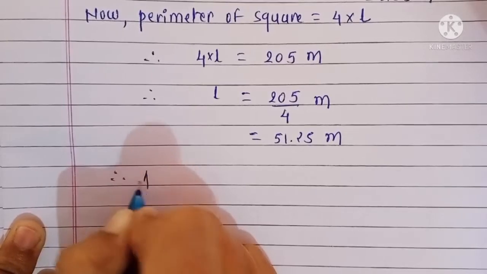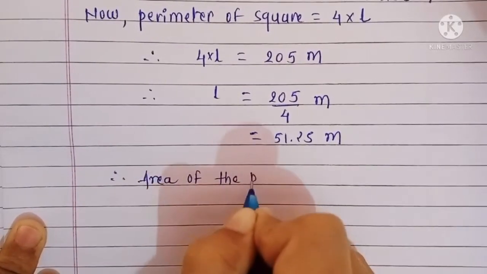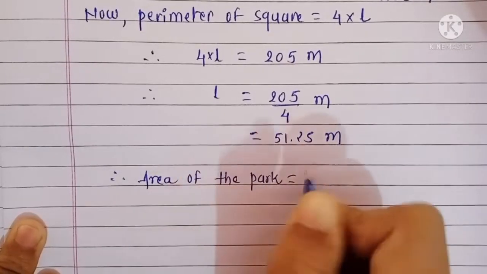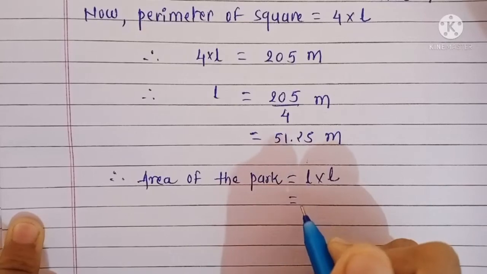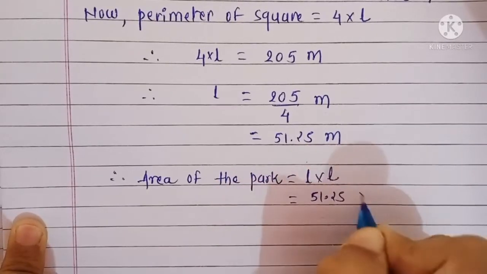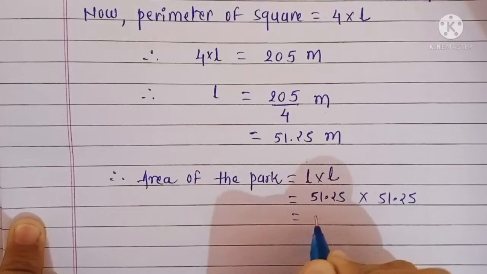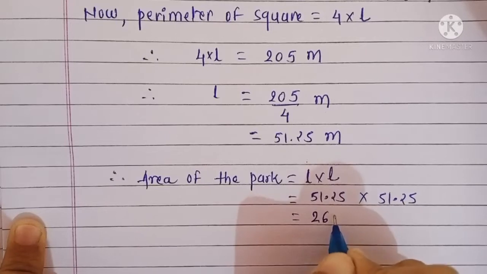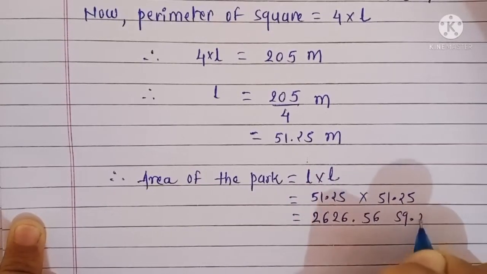Now we find area of the park. Therefore area of the park is equal to length multiplied by length. So 51.25 multiplied by 51.25. On multiplying we get answer 2626.56 square meter.